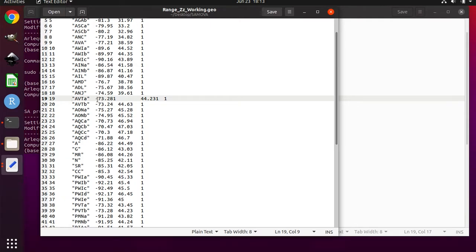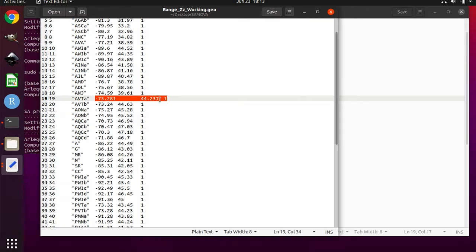So what he did was he made the coordinates for AVTA negative 73.281 for the longitude and 44.231 for the latitude. So he added a 1 at the thousandths place of the decimals to the longitude and the latitude. So compare what he did for AVTA.